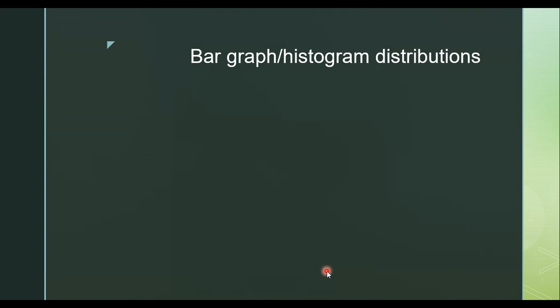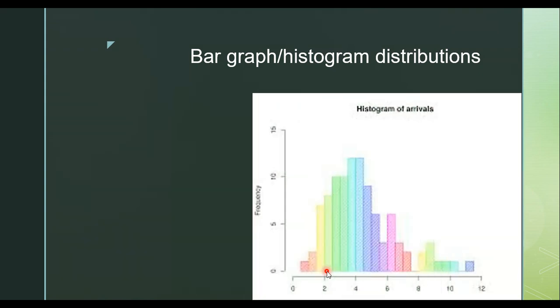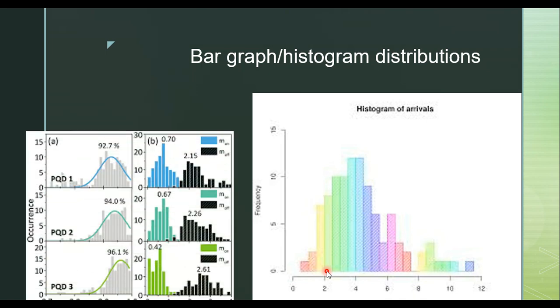Another very common distribution that you're going to see is bar graphs or histograms, right? This one's beautiful. I just thought it was so pretty. But this is for arrivals of something. These are other bar graphs, right? You can see that these ones are all a little bit different. They all have different types of data going on with them.